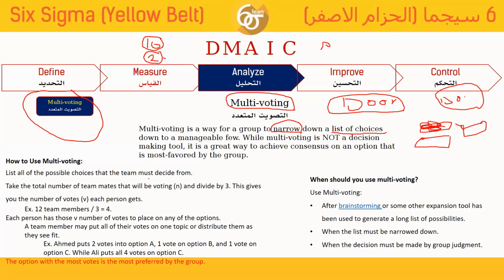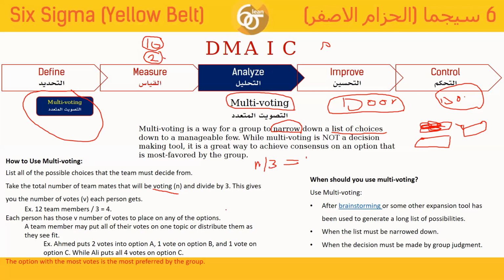There are some techniques for multi-voting. The number of votes will be N divided by 3, where N is the number of team members who will vote.